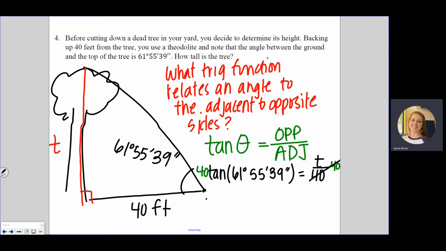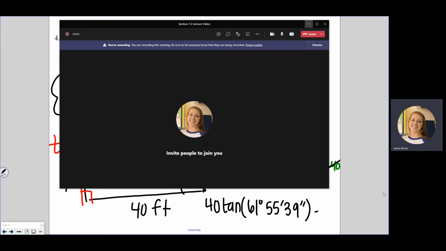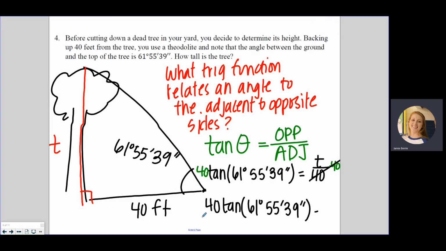And then you have 40 times tangent of 61 degrees, 55 minutes, 39 seconds equals, the 40 canceled out from the denominator, so it's just T. And now we can plug this into our calculator.